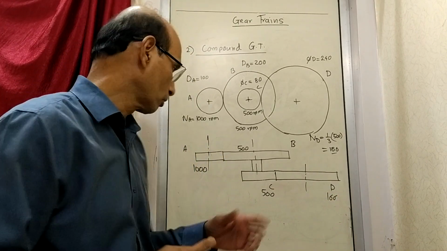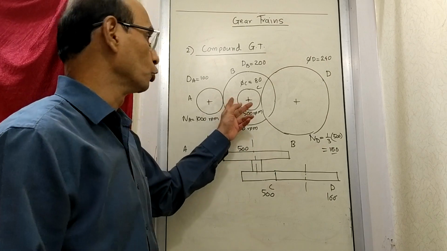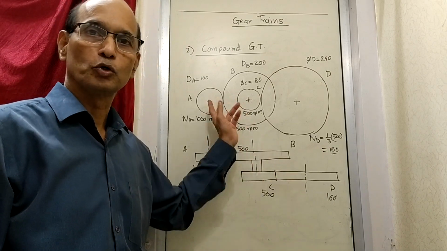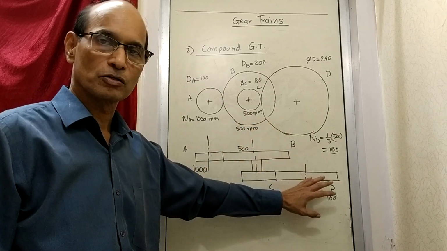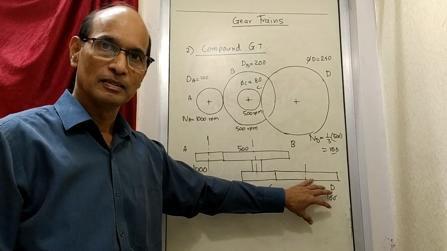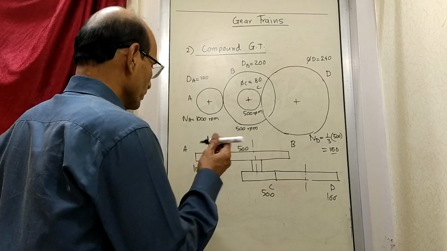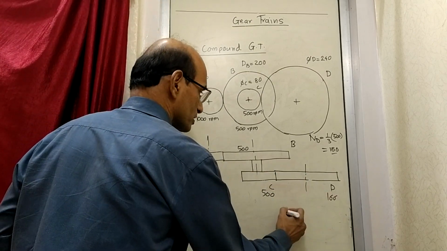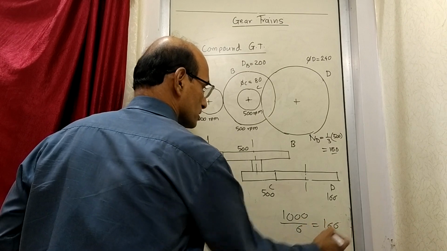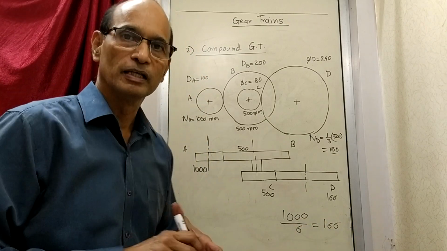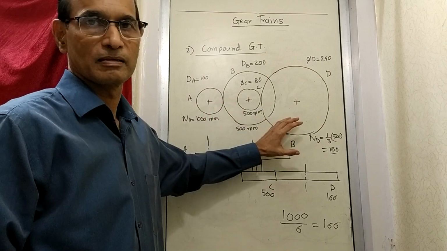So effectively we have come down by a ratio 2 and by a ratio 3. So 2 into 3, 6. So you are going to get a ratio of 6. That means this speed 1000 has come down by 1/6. So 1000 upon 6 is 166. So effectively the ratio is 6.